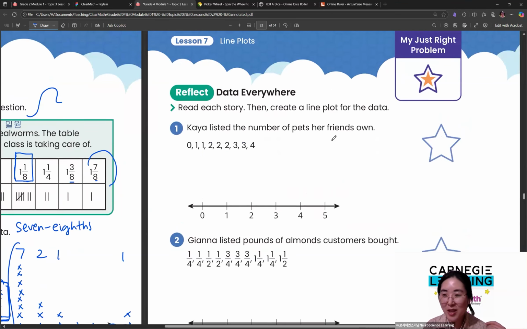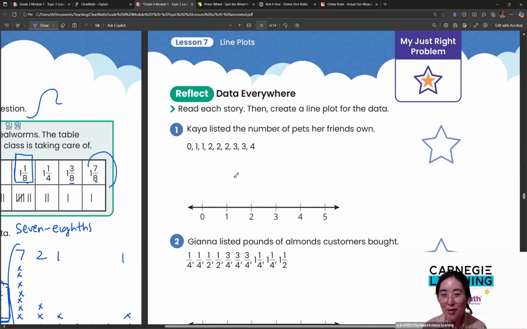All right. So these are some other kinds of line plots. Number 1, our friend called Kaya listed the number of pets her friends own. So she asked all her friends, how many pets do you own? And then she wrote down the numbers of pets. Now, I want you guys to draw this line plot on your piece of paper or in your notebook, and then draw your own line plot.